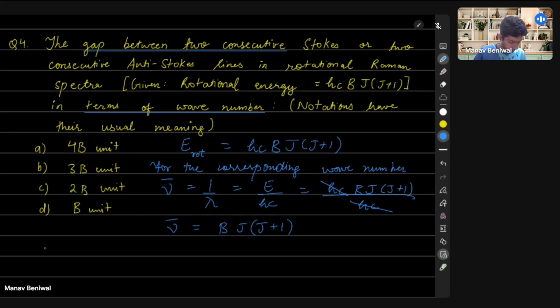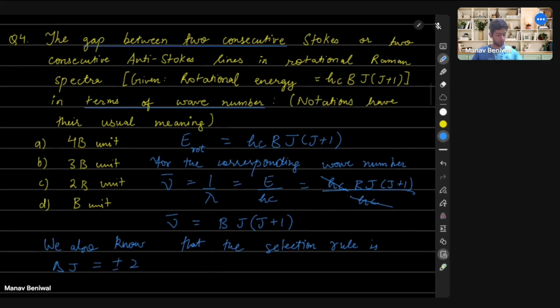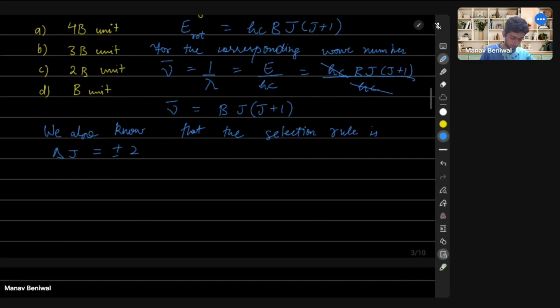Now we also know that the selection rule is delta J is plus or minus 2. Correct?